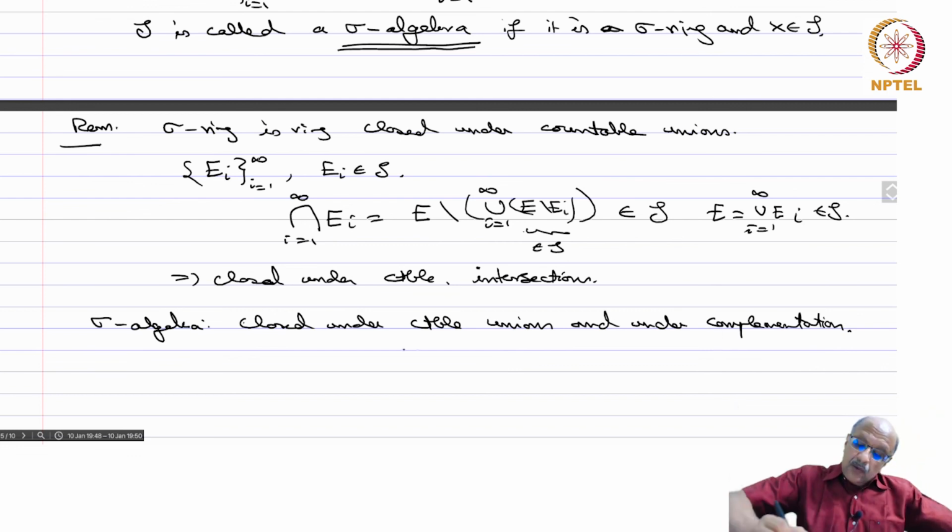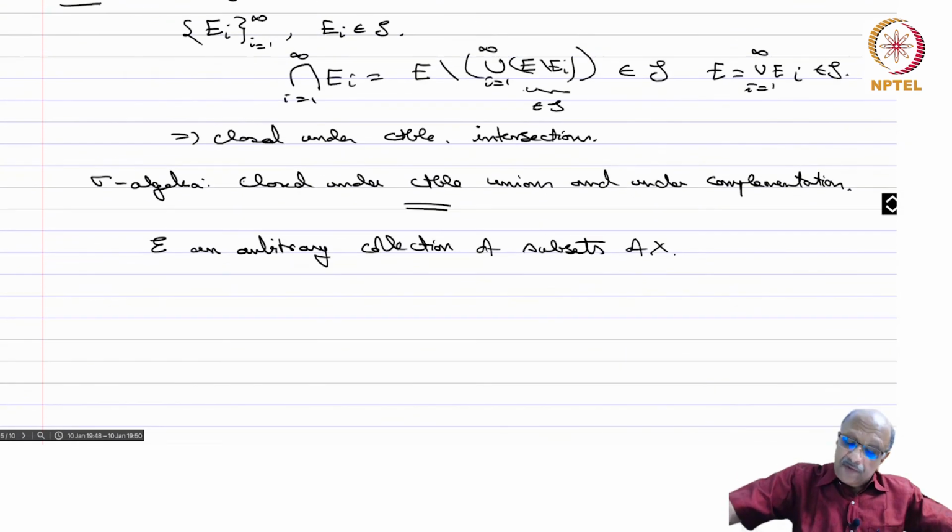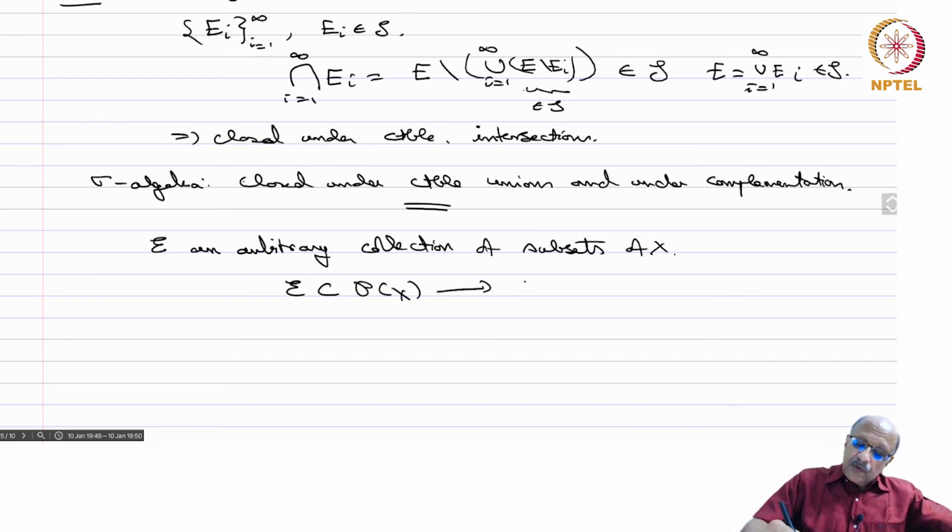Okay. So now finally let us take E, an arbitrary collection of subsets of X. Then of course E is contained in P of X, which is at the same time a sigma ring, and also a ring.